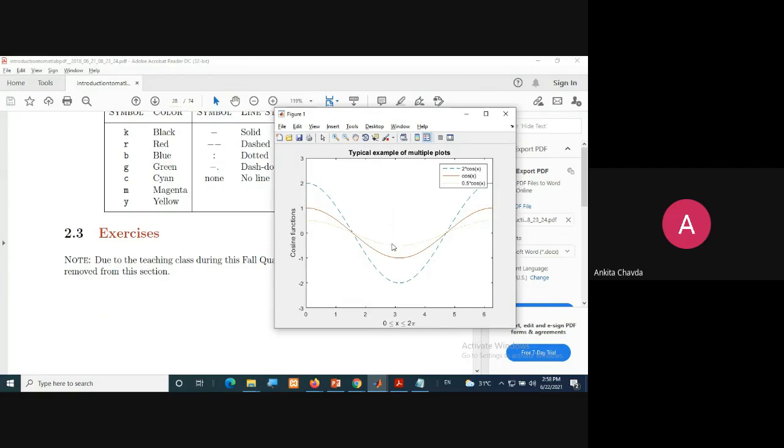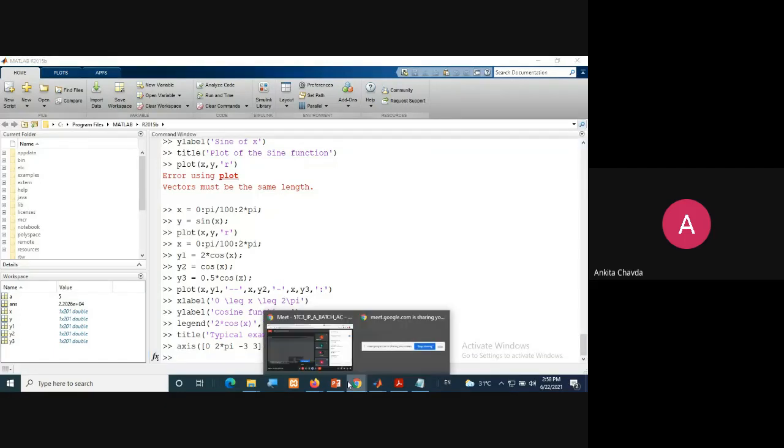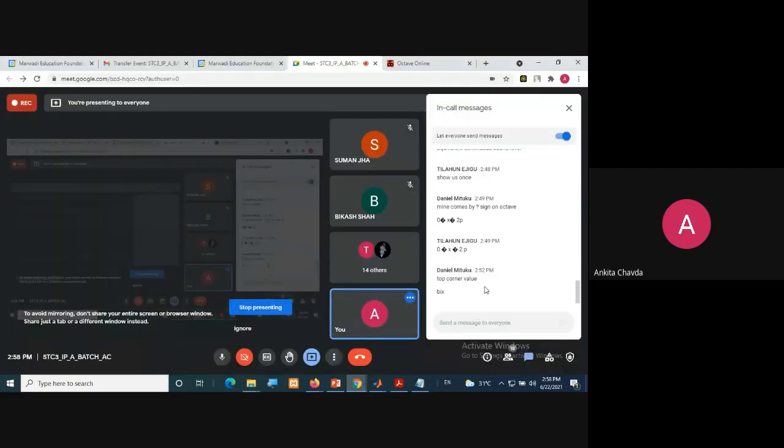Just change this dotted line color. So what you will write, just try and paste your answer into the chat, that how you have written it.